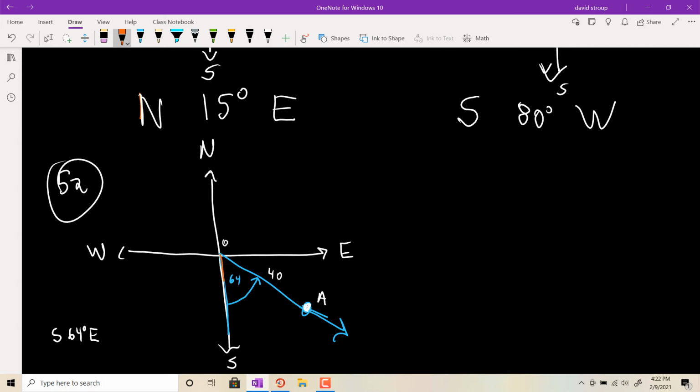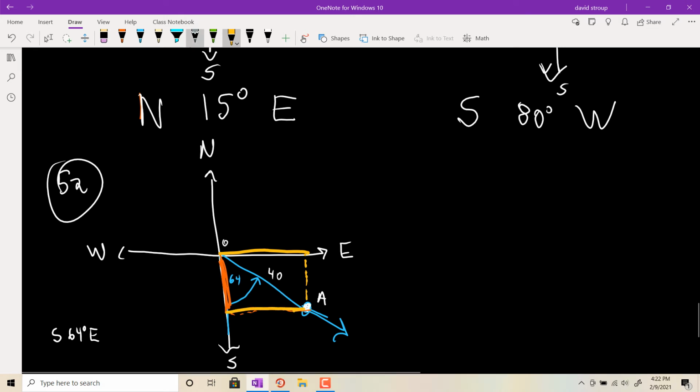So the amount south is the y coordinate, this red distance here. And then the amount east is the x coordinate. So that would be this distance here, which is also this distance here.